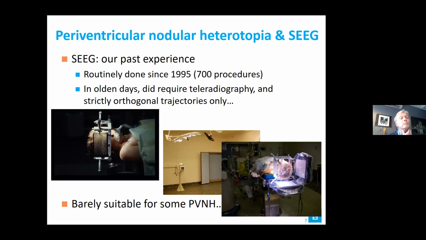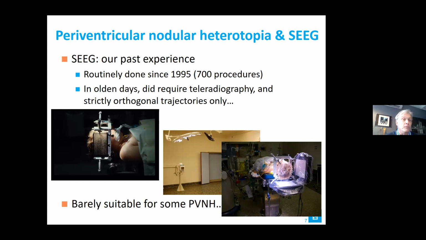At this step of the presentation, I would like to insist a little bit on SEEG in general and as related to heterotopia. We routinely perform SEEG since 1995 in our center, so that we have more than 700 procedures done. Since the older days, we have witnessed many technological evolutions.